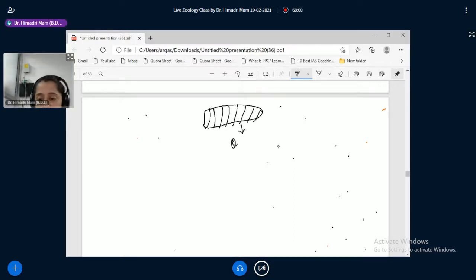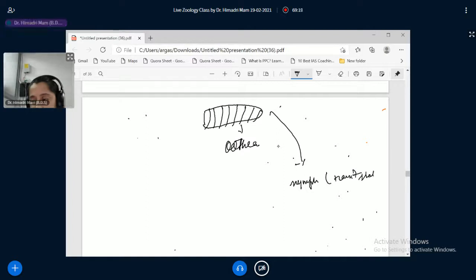This is a nymph, a transient state or phase. This is white color.